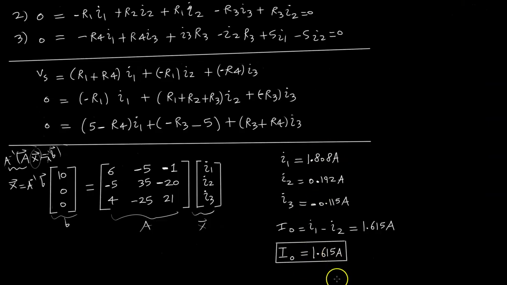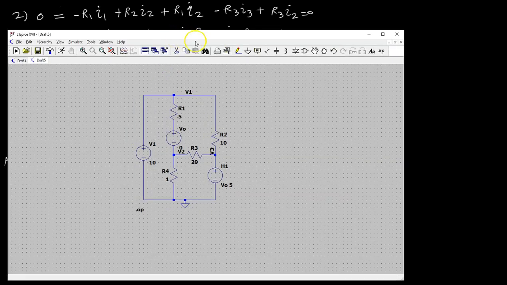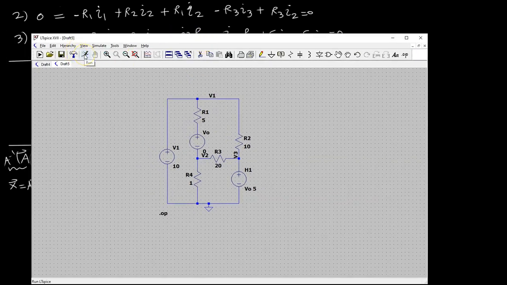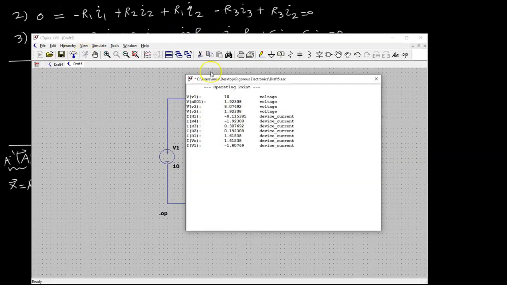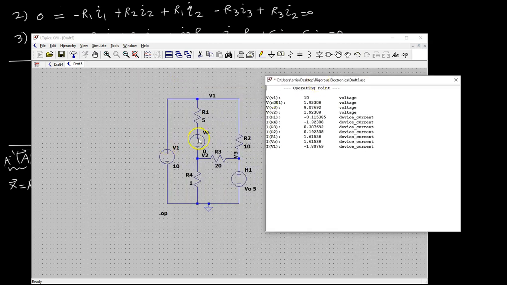Again, MATLAB only performs this calculation without any knowledge of where this came from. This could be circuits, this could be any other field of engineering. So what we need to do is look at a circuit solver. In this case, I'm using LTSPICE again, and I'm going to run it and look at the current through VO, which is my voltage source of 0 volts.